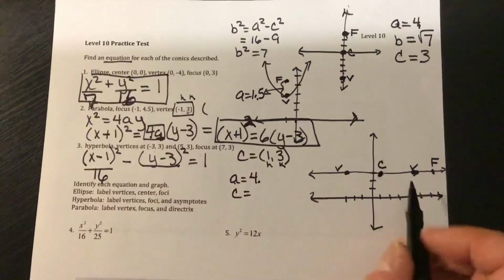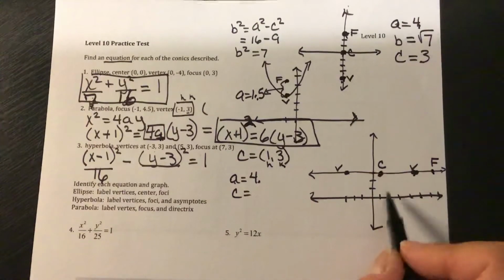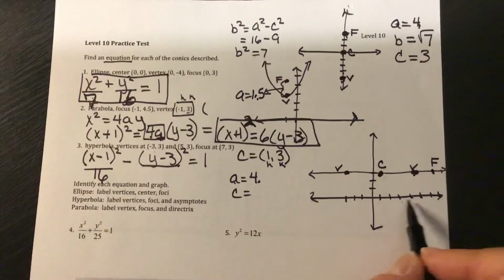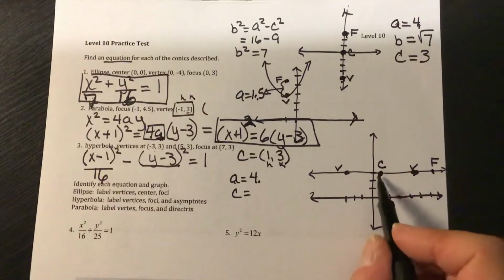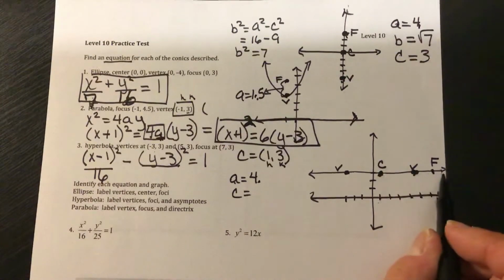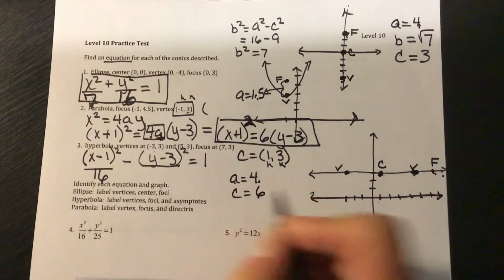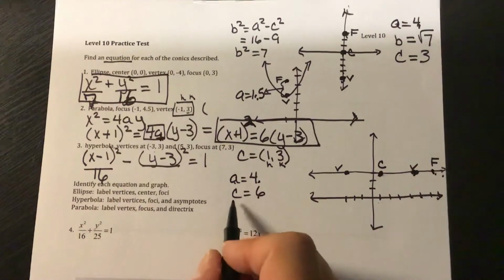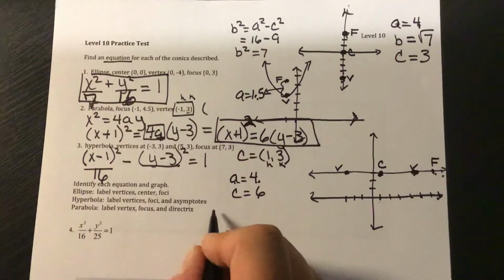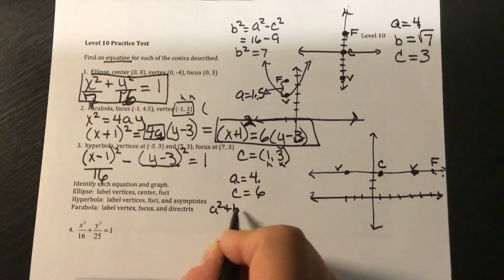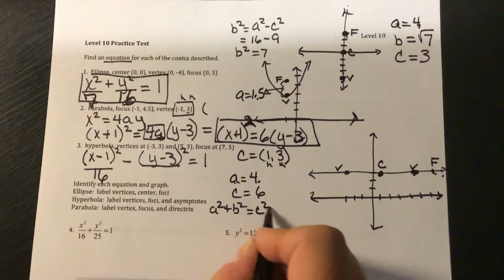My c value here is the distance from the center to the foci. So I'm going from 1 all the way over to 7. So that distance is 6. To find my b value, I need a squared plus b squared equals c squared.